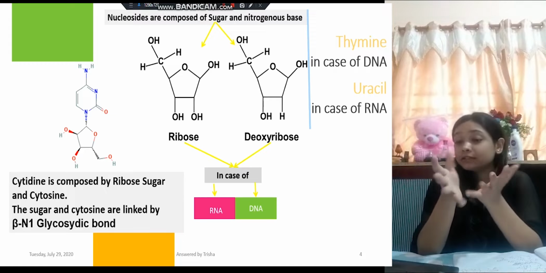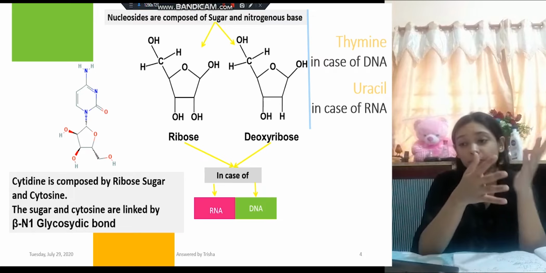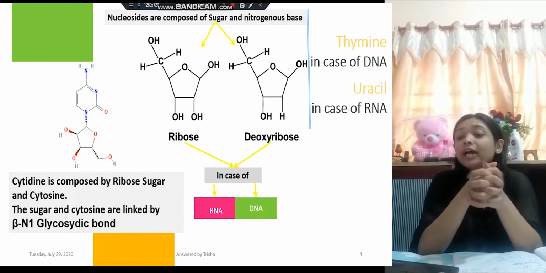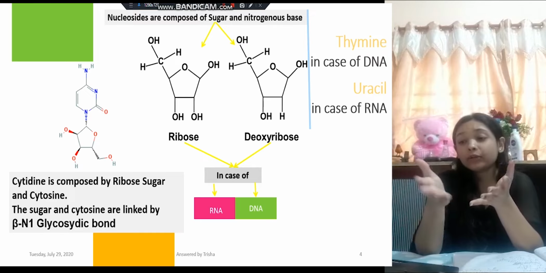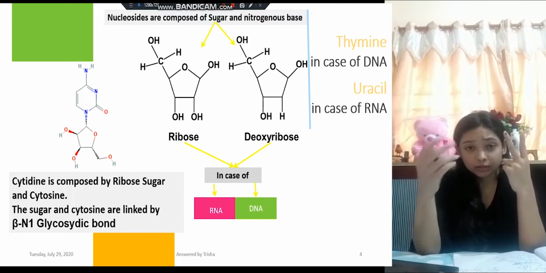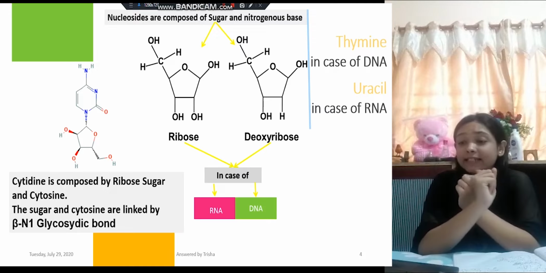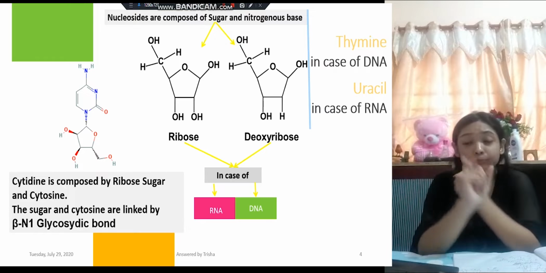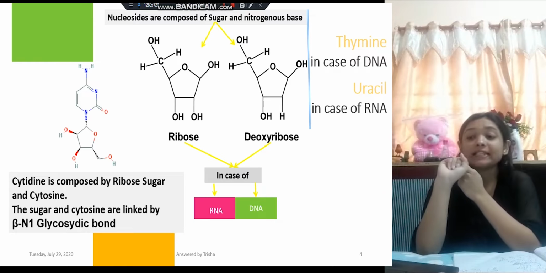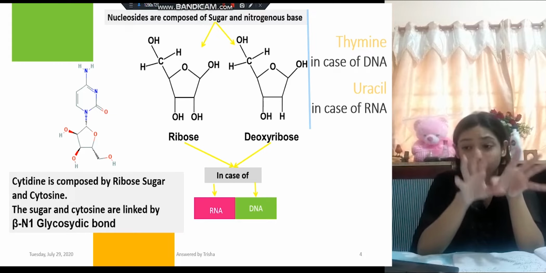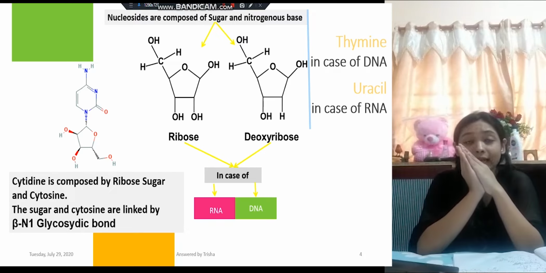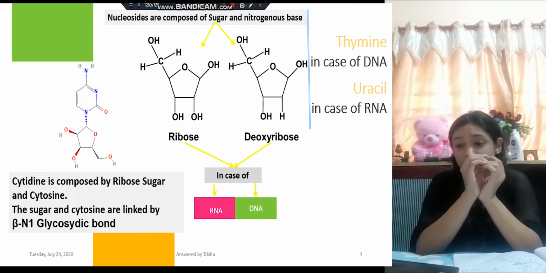Now that we know the definition of what a nucleoside is made up of, there are 2 names left: cytidine and guanosine. Cytidine is composed of ribose sugar and cytosine. Cytidine is present in RNA because it has ribose sugar, and along with it the nitrogenous base it has is cytosine.